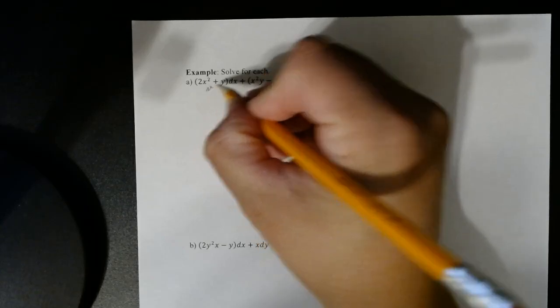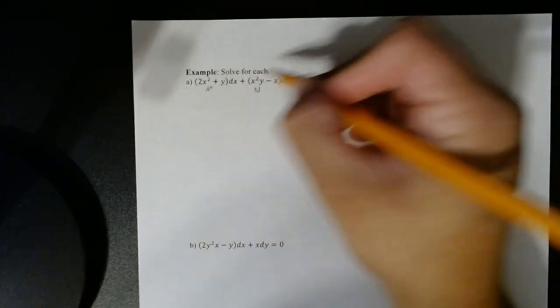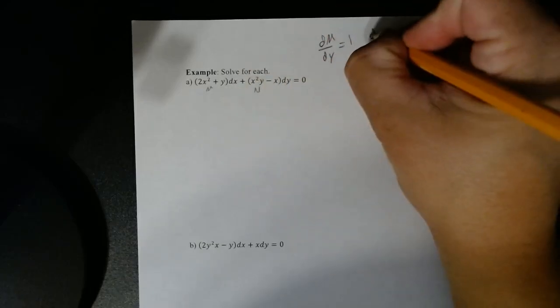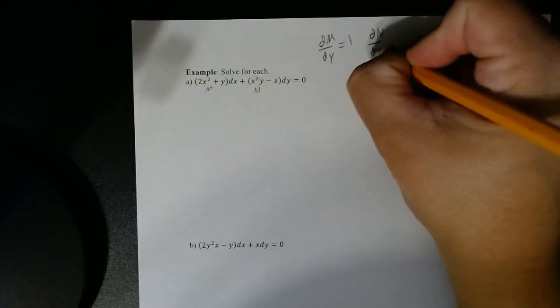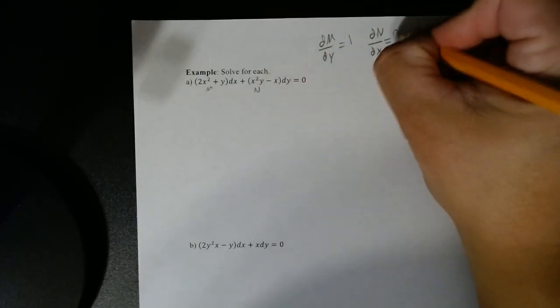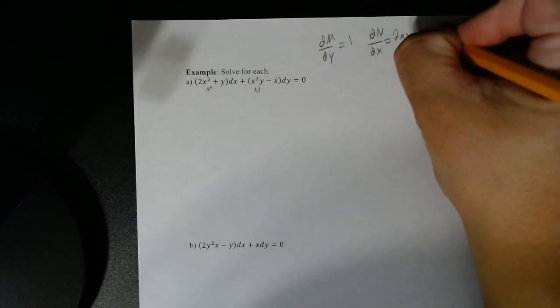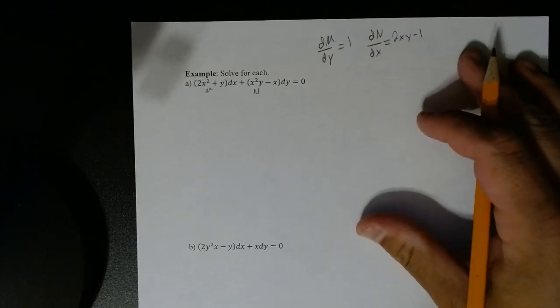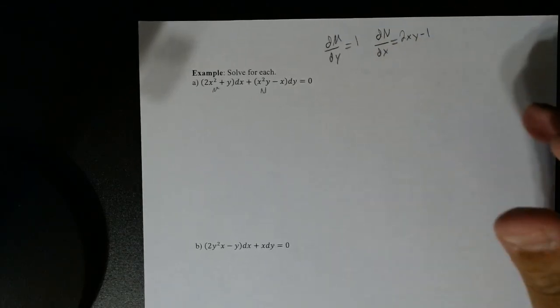So this is m, this is n. The derivative of m with respect to y is just going to be 1. The derivative with respect to x of this n is just going to be 2xy minus 1. Right after that, you notice they don't equal each other, so therefore, it is not exact.